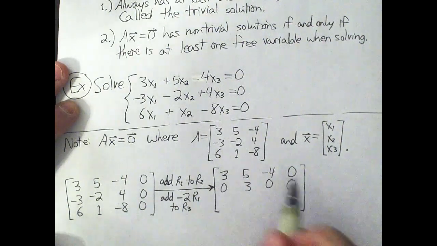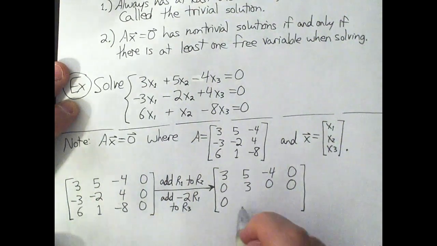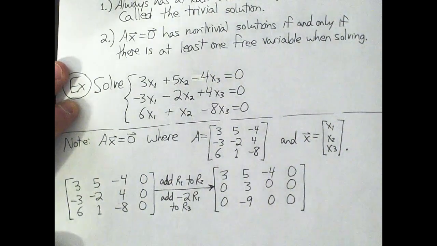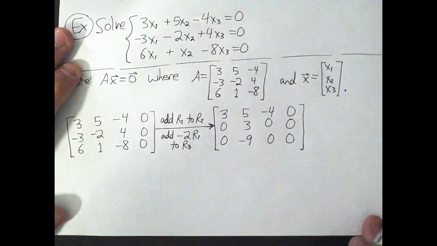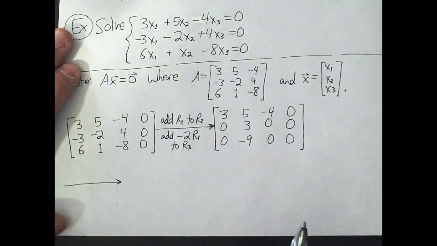When I do negative 2 times row 1 and add that to row 3, I'm going to get a 6. Oh, sorry, not a 6. We had a 6, and that 6 is going to become 0, and then I have negative 9, 0, 0. I have an idea for the next step.